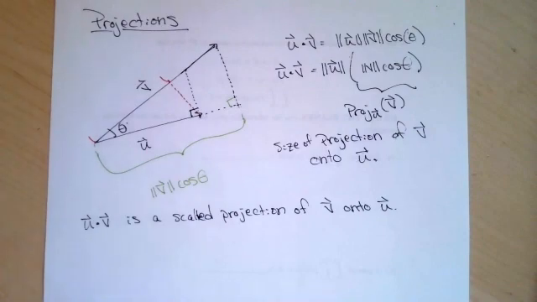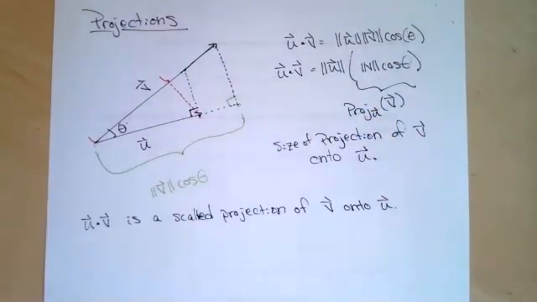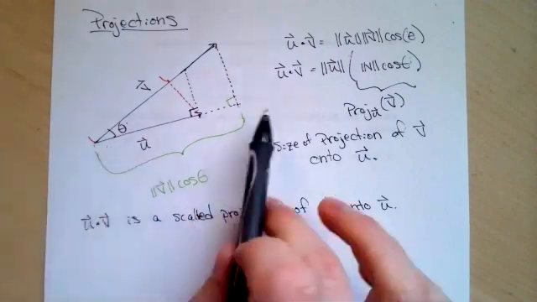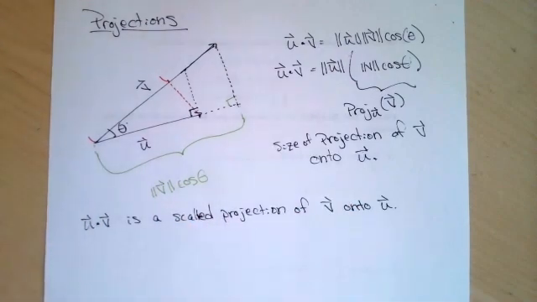So let's formalize some of these processes now and see how we can use this concept of projections and this dot product calculation to break vectors down into what we might call component vectors along the direction of other given vectors.